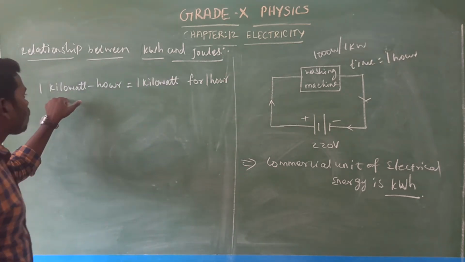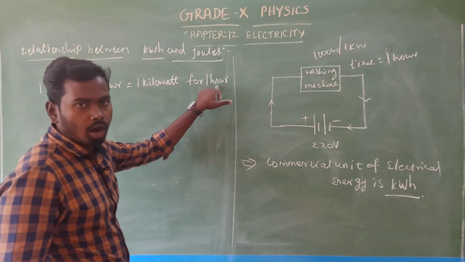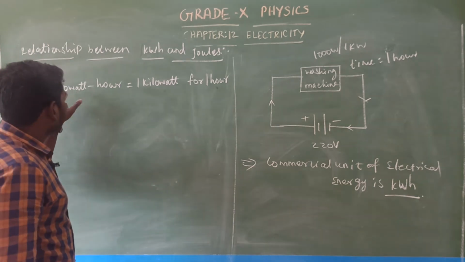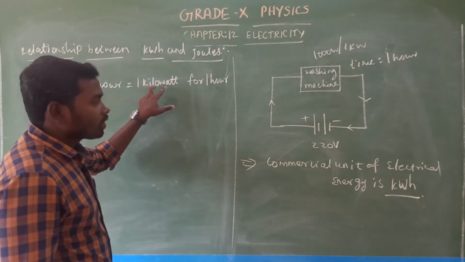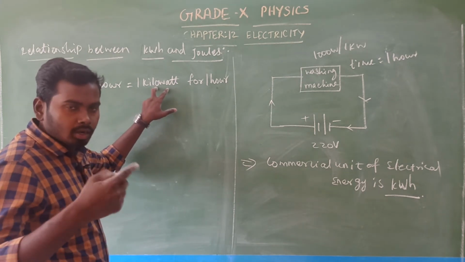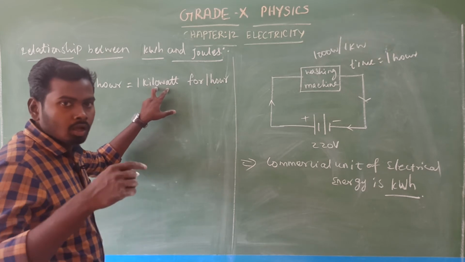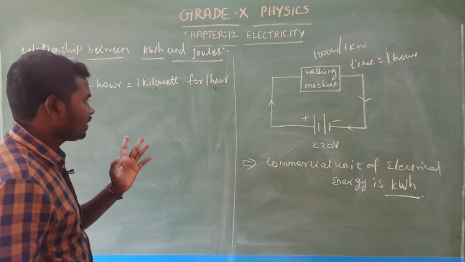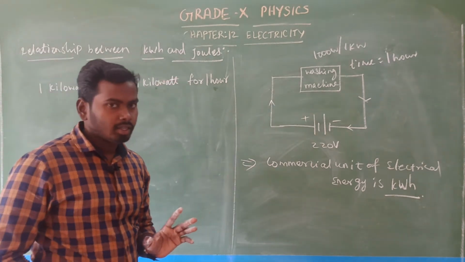So 1 kilowatt hour is equal to a 1 kilowatt power rating of electrical appliances running, which means functioning, for 1 hour. So we can write 1 kilowatt hour is equal to 1 kilowatt for 1 hour. Is it clear, students?